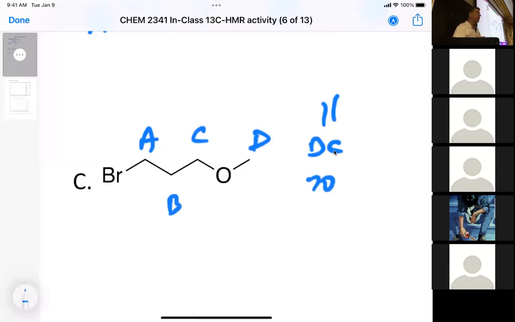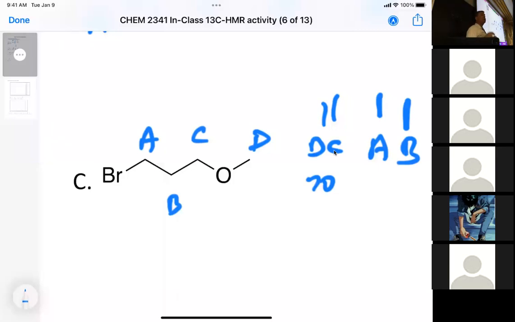Well, we have bromine, and bromine doesn't pull as much as oxygen does, because electronegativity goes down as you go down a row here. So I think the next one is going to be around 50, and that's going to be A. Then B is going to be our last one.